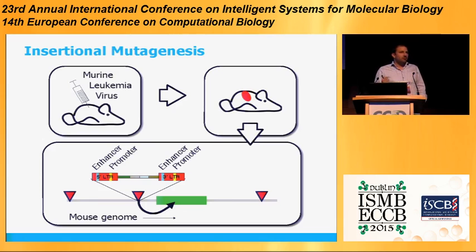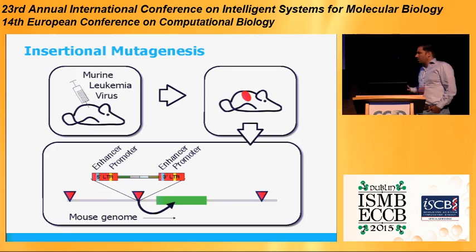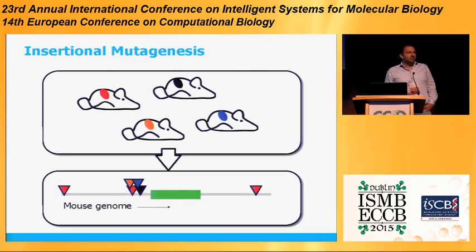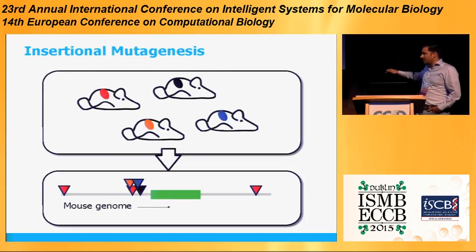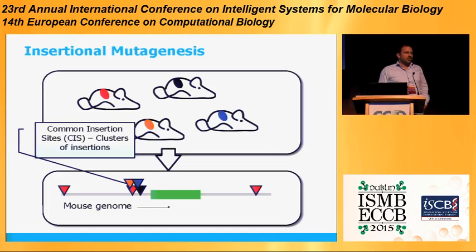Now, not all of these integrations will be driving the tumor formation. Many will be background mutations or passenger mutations. And we need to distinguish between those, and that's why we typically repeat this experiment many times and then aggregate the results, and then we look at these clusters of integrations, which are called common insertion sites.